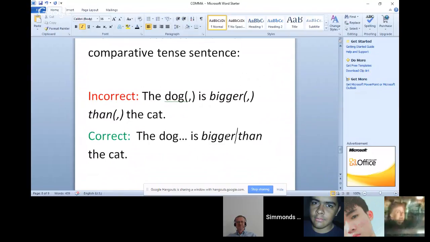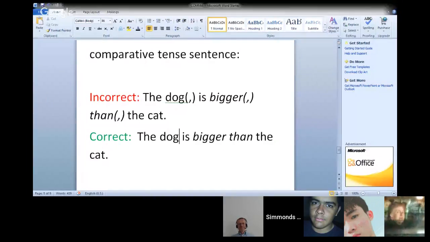Okay, so maybe they said, it's impossible for dogs to be bigger than cats. Oh, but this dog is bigger than the cat. So by writing it very artistically, sure, you can play with the language a little bit and use different punctuation marks. But as far as just a general sentence, the first one that's incorrect is absolutely ridiculous. So don't do that.